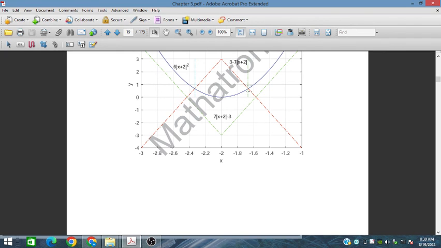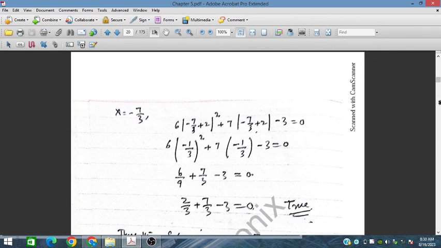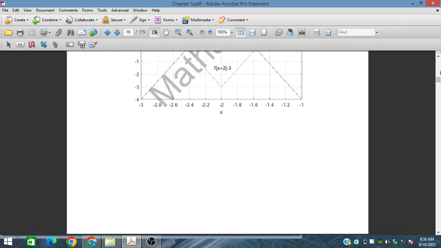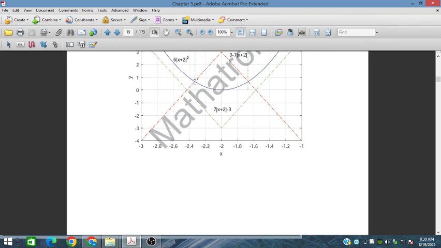So this point is minus 1.66 and this is 7 upon 3, so this is 2.33, minus 2.33. So these two solutions, this one and this intersecting point.